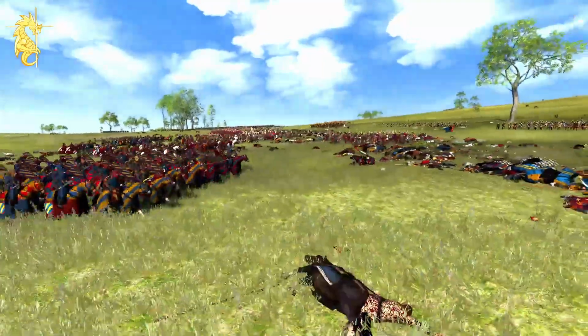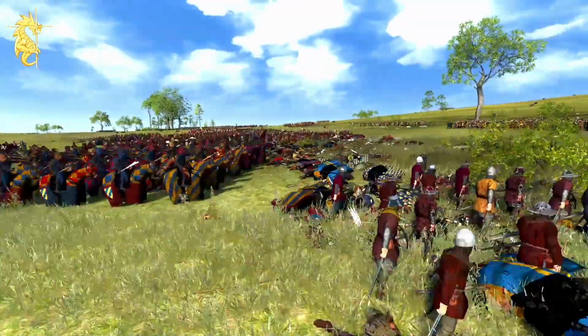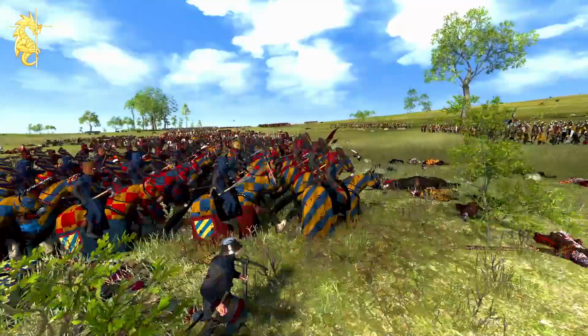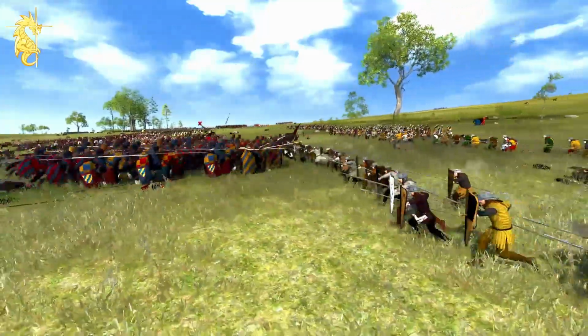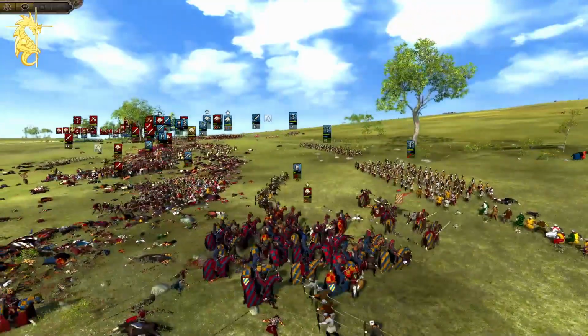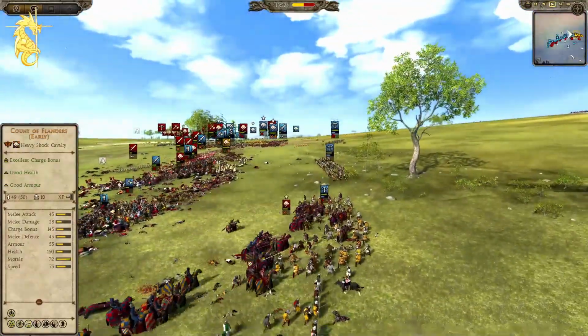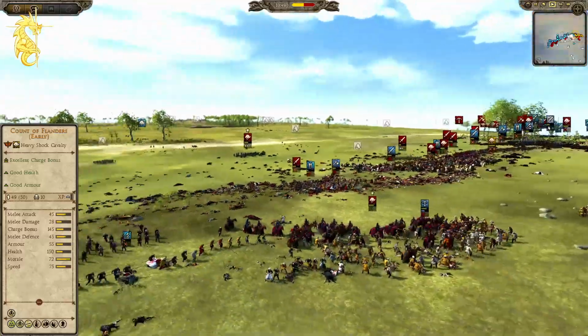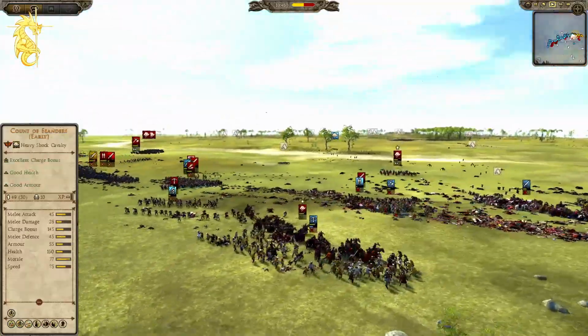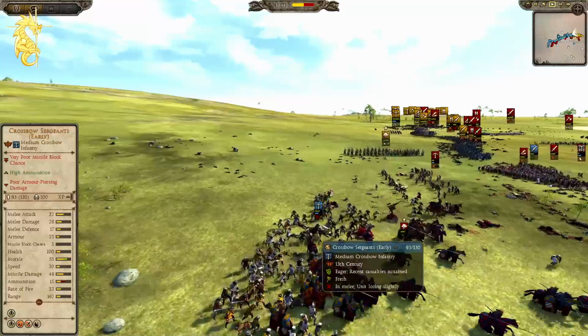Gotta get some good screenshots there. Hard to do when they're in movement. Oh no, all right. The Duke of Burgundy is through the lines into the archers of Brabant.